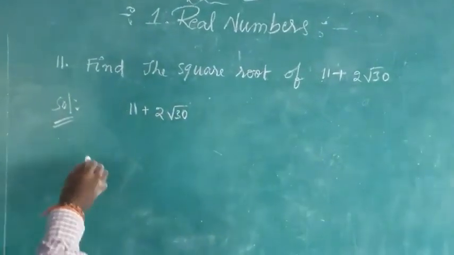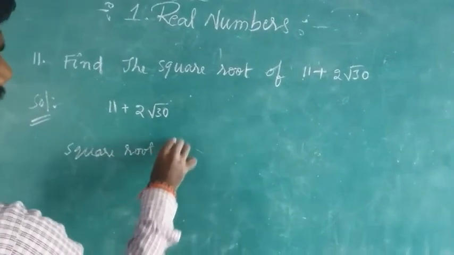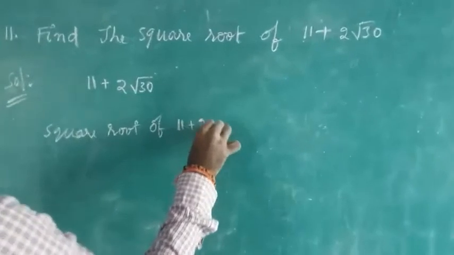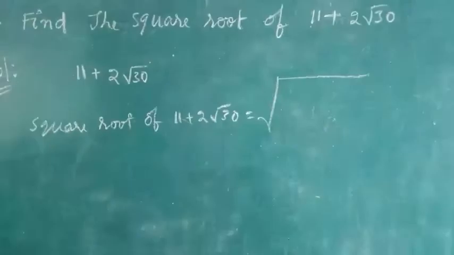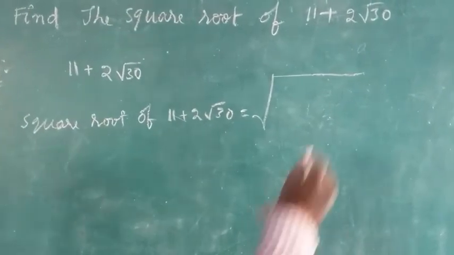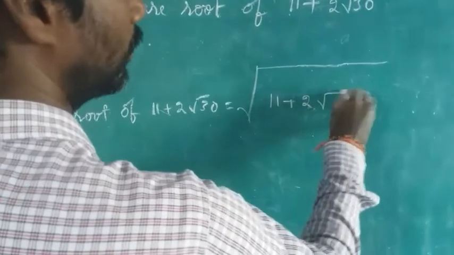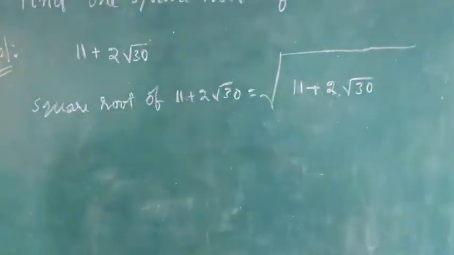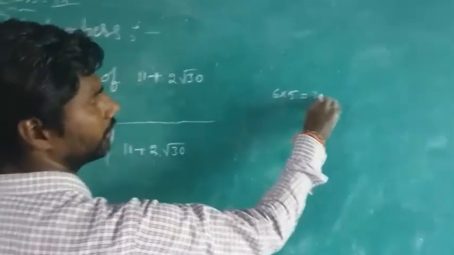The square root of 11 plus 2 root 30. You can write it as an under root, square root or not. So here is how you can write it: 11 plus 2 root 30. This 30 you can write as 6 5s are 30. Can you write it or not?